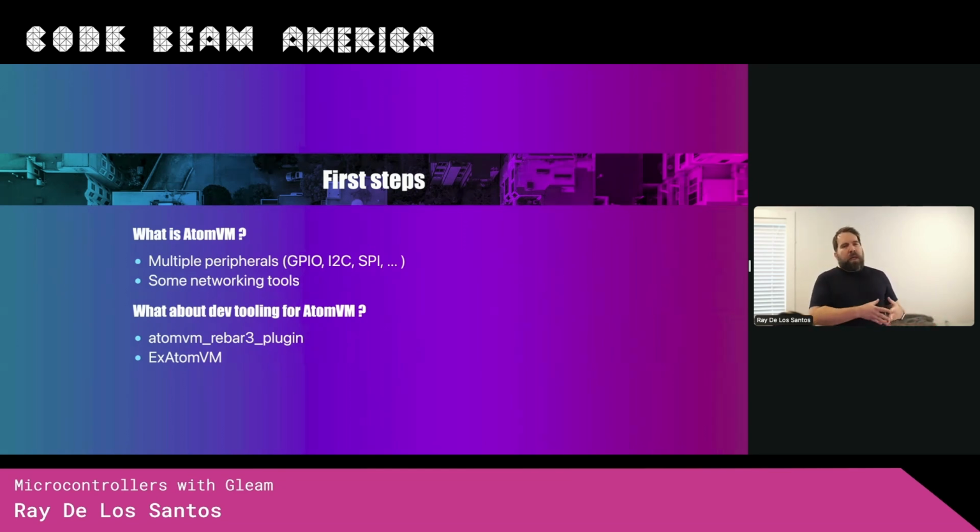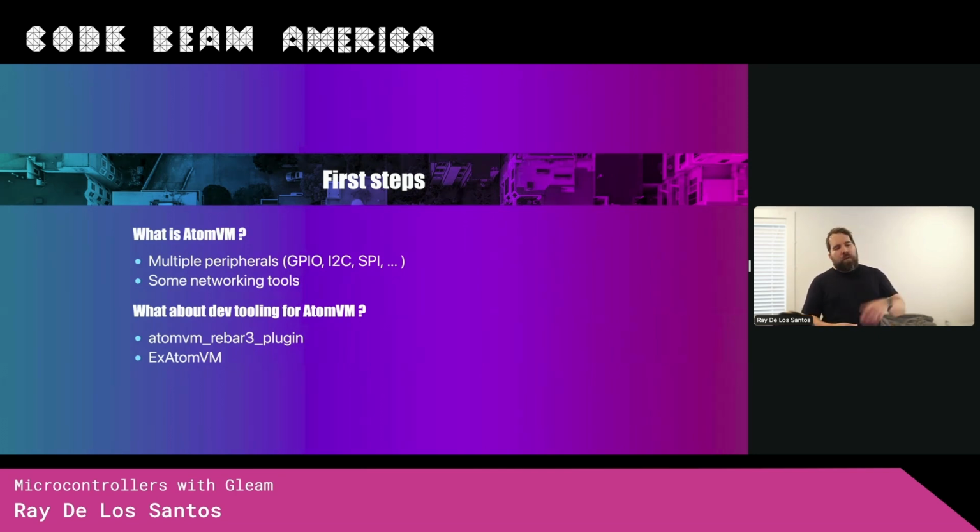The main advantage for what I was trying to figure out is the networking tools and the multiple peripherals that it has. I have been researching the networking tools a little bit, still not a lot that I can share, but for the peripherals, I'm going to give an overview in this talk, basically GPIO and I2C specifically. There are more peripherals in the AtomVM toolset, but for now, we're going to be focused on these two.